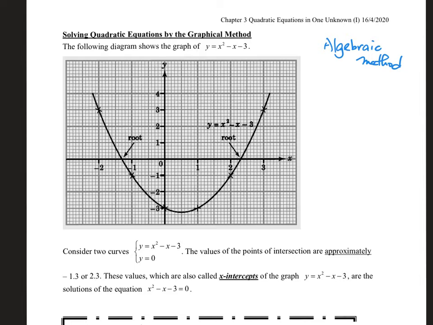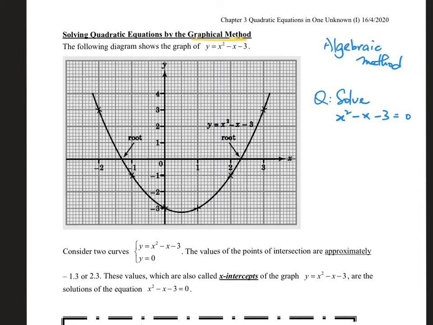But now in this part, we'll be talking about the graphical method. We are not solving the equation directly, but we use a graph to do so. So let's take a look at the question. You are going to solve x squared minus x minus 3 equals 0. If you're allowed to use the algebraic method or even a calculator, it's very easy.